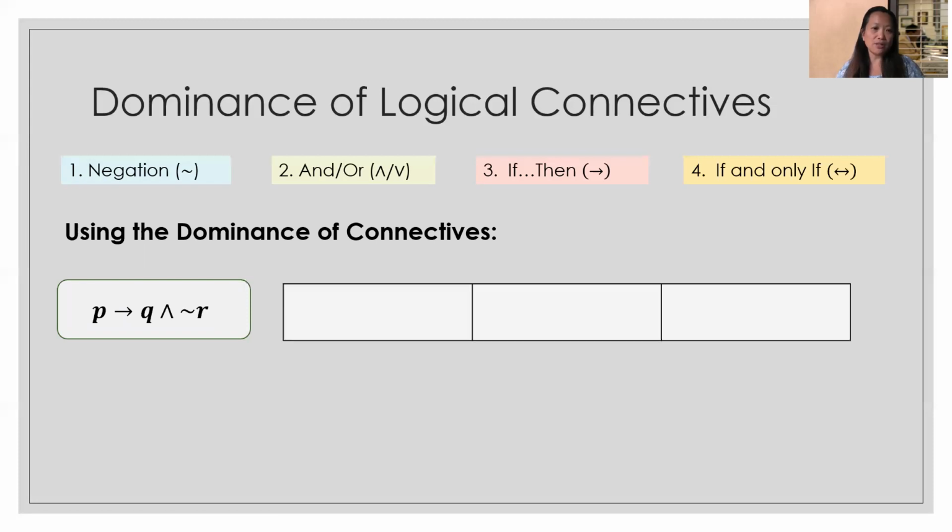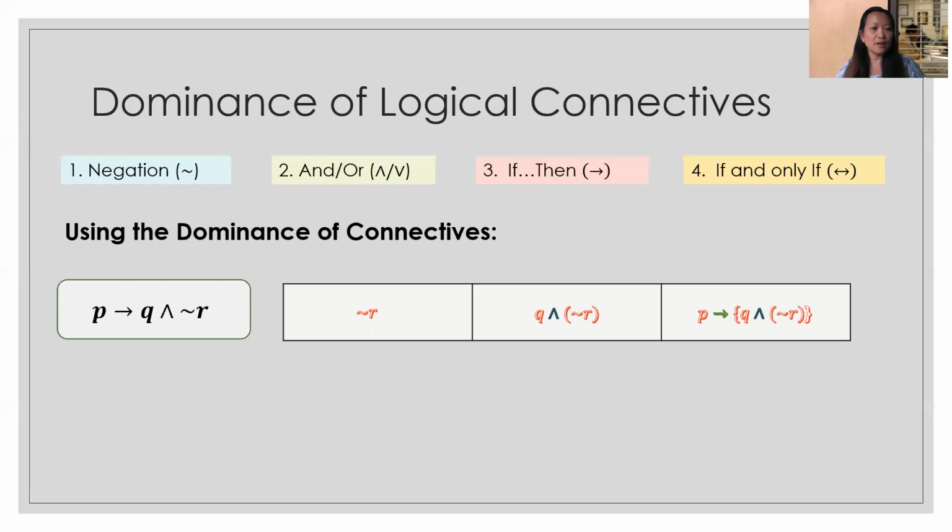So you would say negation first, and second, and then the last, which is what we would say the most dominant, is if and only if. Okay, that would be your third step.